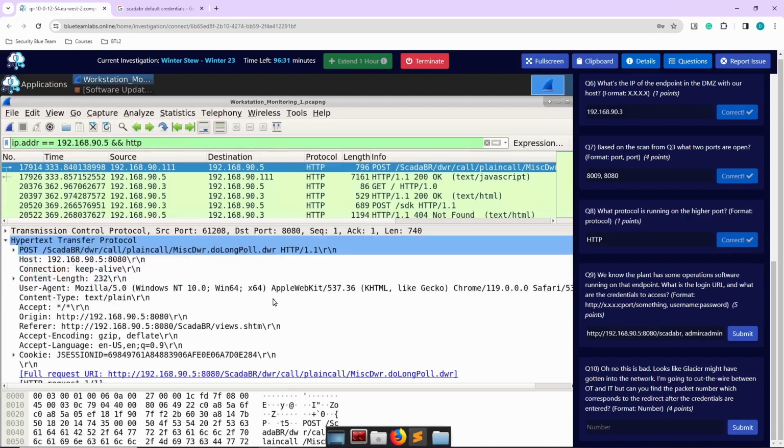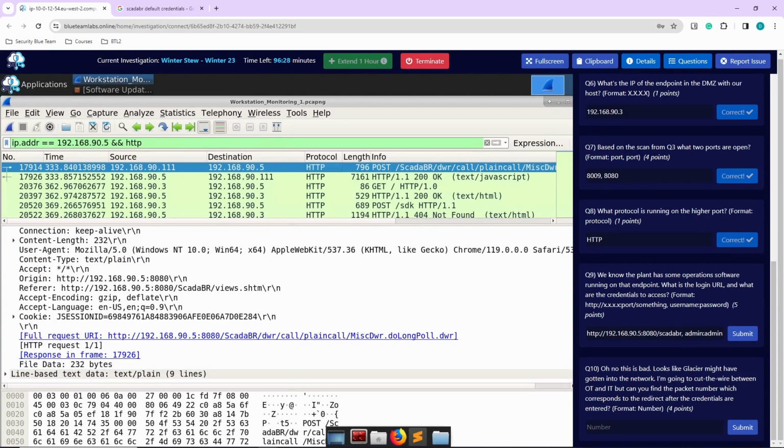So what we're hoping for is that the credentials are exposed through some kind of request on the server.